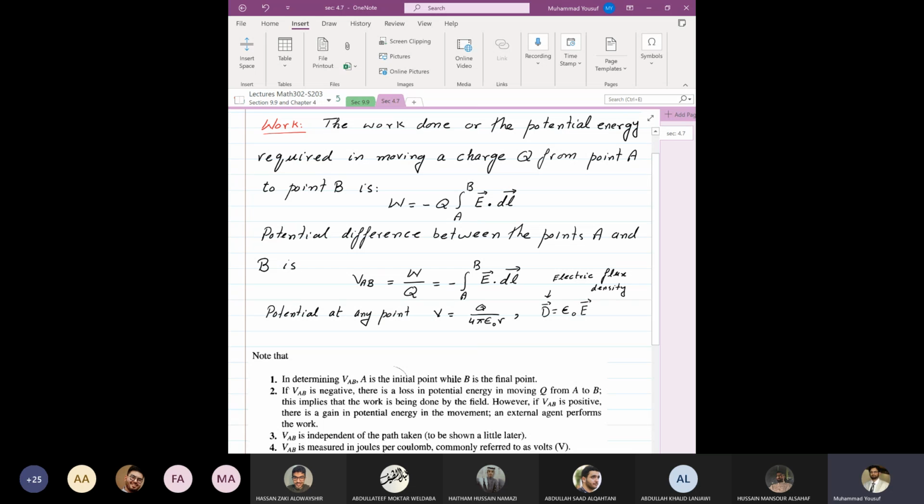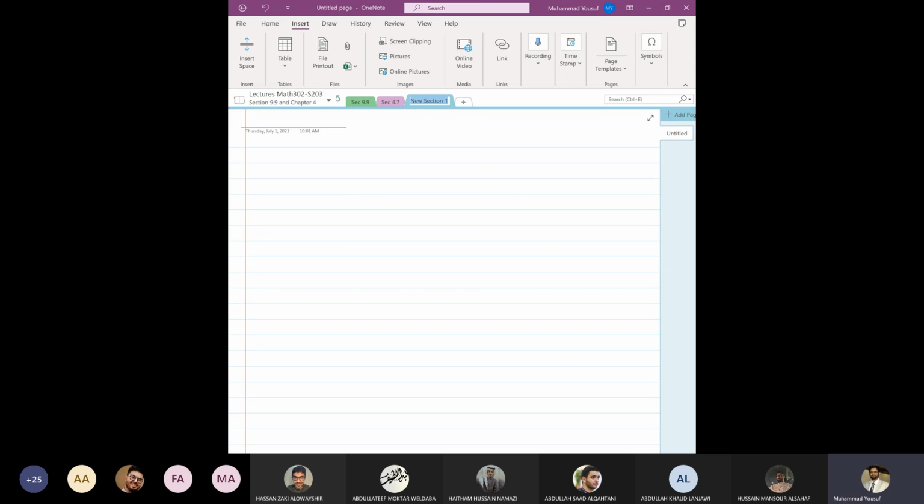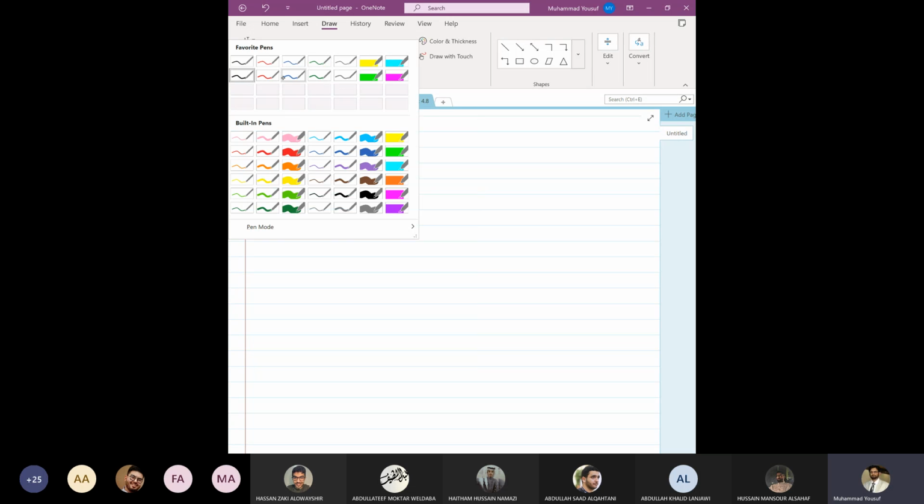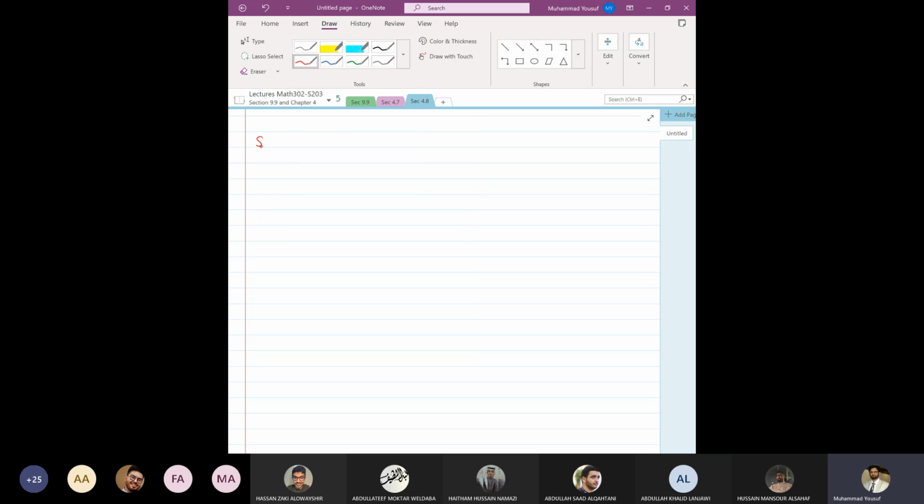And so we have this relation between D and E. Now this is something from the next chapter, actually next section, which is section 4.8. That's enough from the previous section.